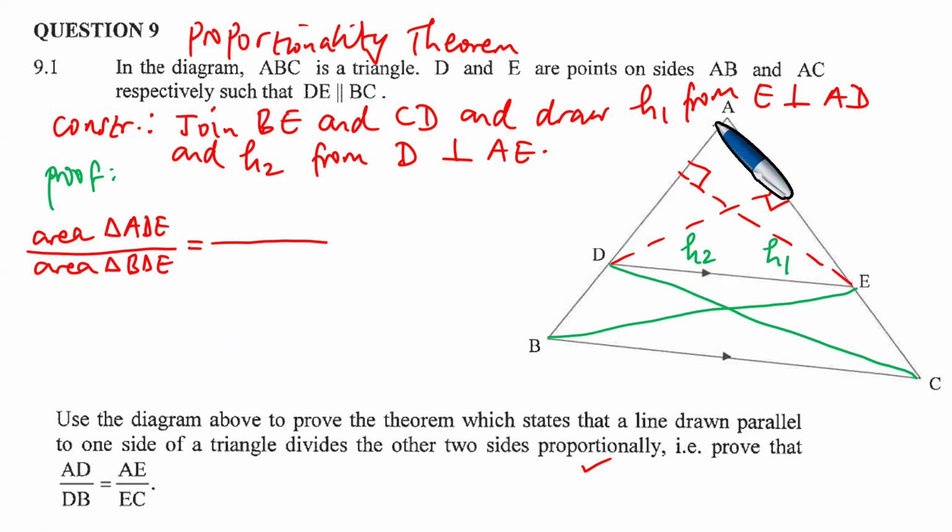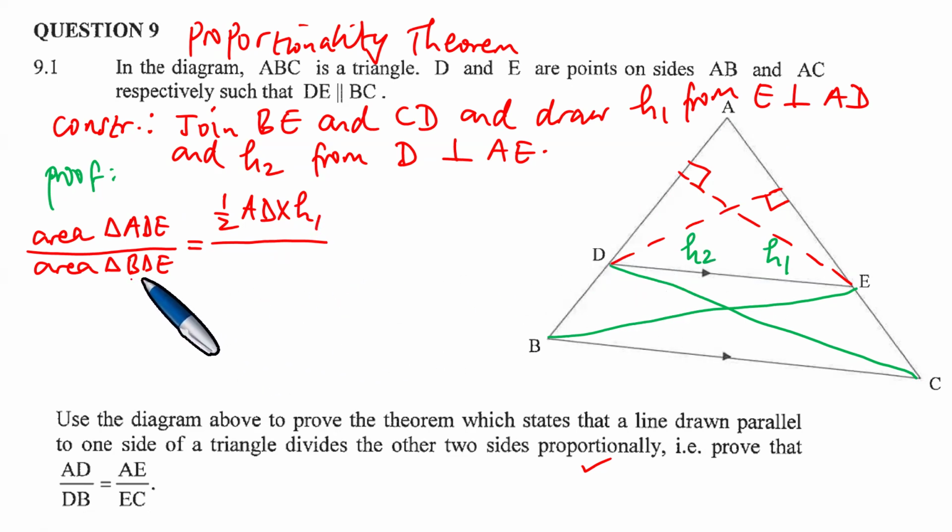If you look at the triangle ADE, if you want to find its area, it is half the base AD multiplied by the height H1.